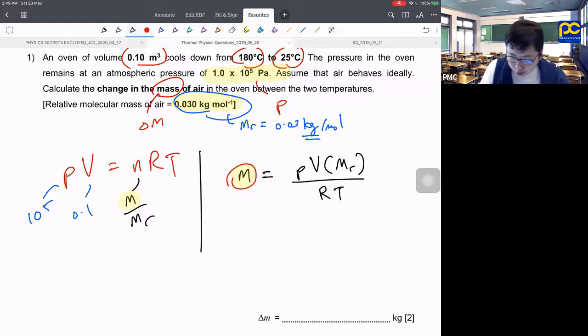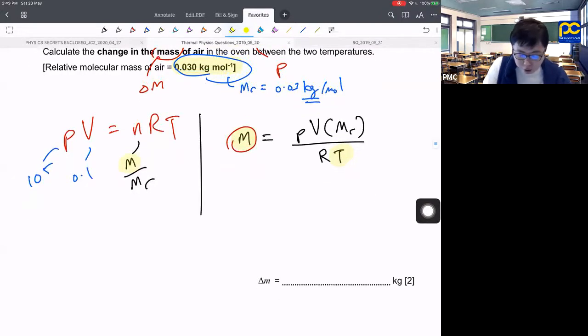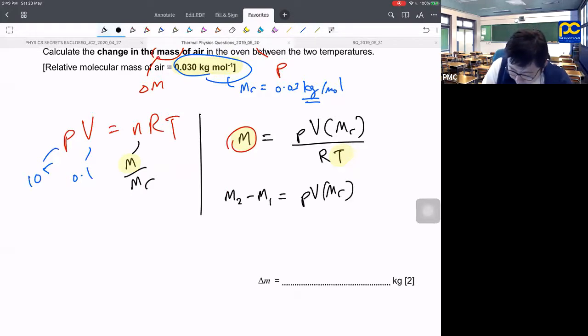And temperature change. Temperature is a variable. So I highlight for you the variable. Can we say that delta M is equal to blah blah blah over delta T? Cannot. Definitely no. What you want to find is M2 minus M1, the change in the mass. And that will be PV Mr, and the big R is all common factor.